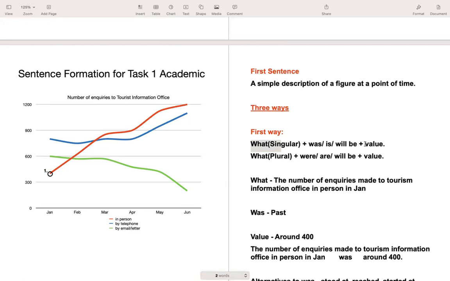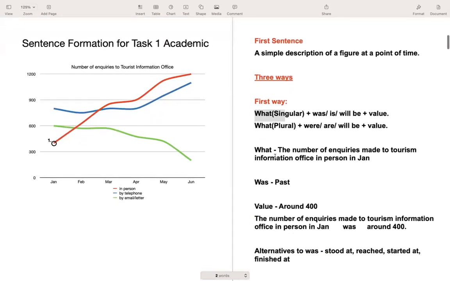So it's really simple. I made it an interactive class, so we'll practice also. You just write everything that you can think: this is the number of inquiries to tourist information office in person in January. Then you write your was or is, and then you write the value. That's it.